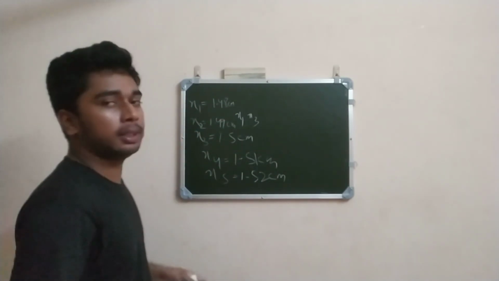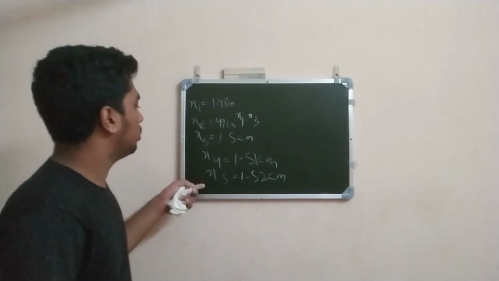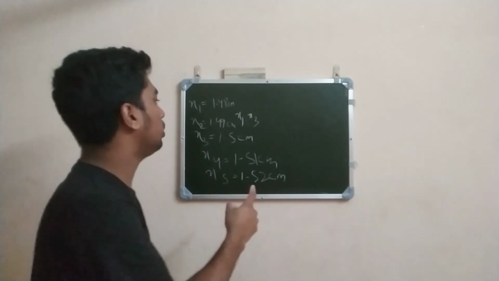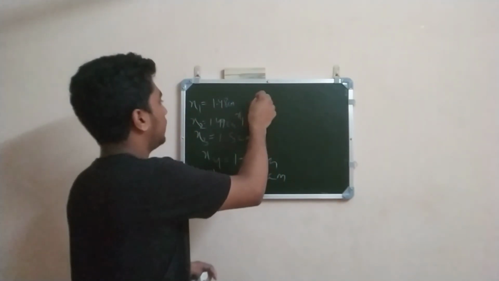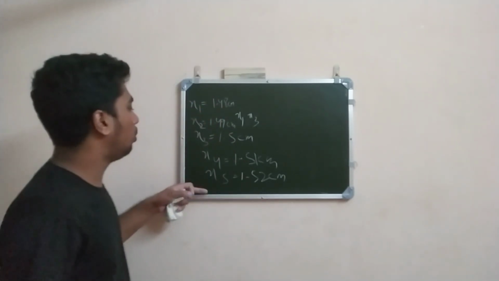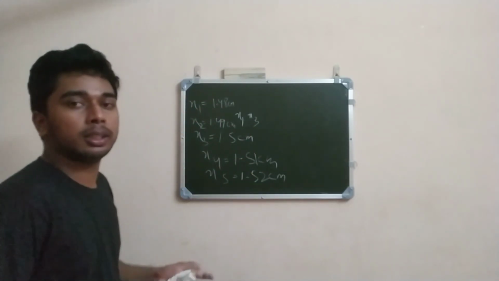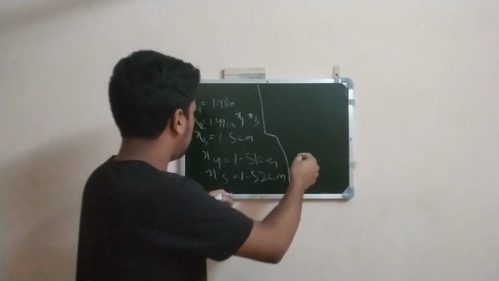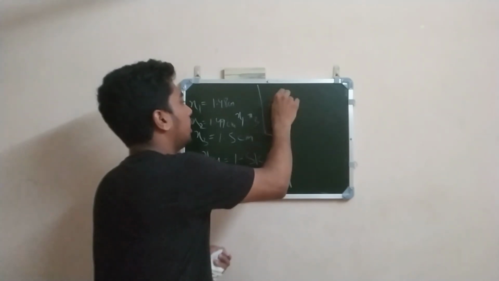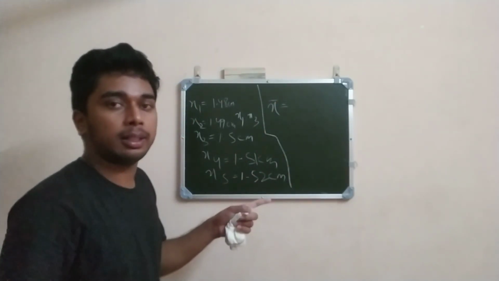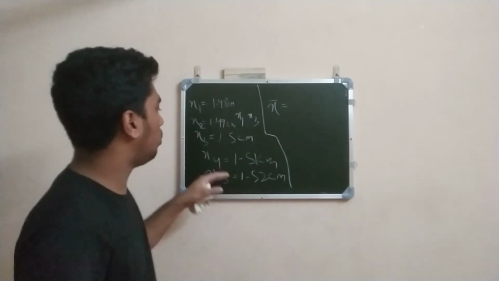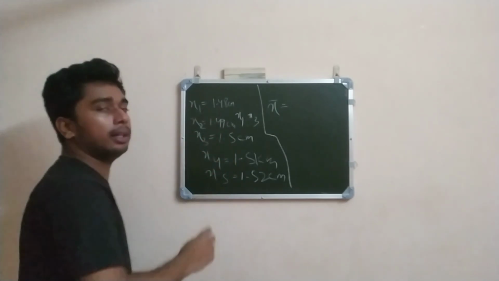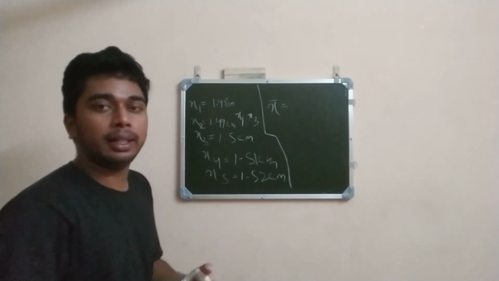So to deal with this, I have to take the average of all these values. I am taking the average as x bar. So just add all the data points. Here I have 5 data points, so you will divide it by 5.